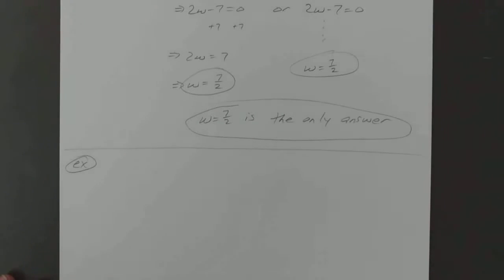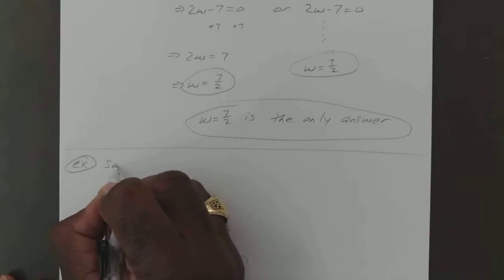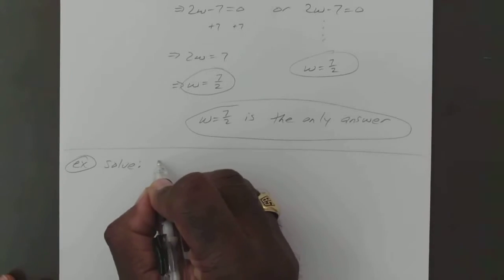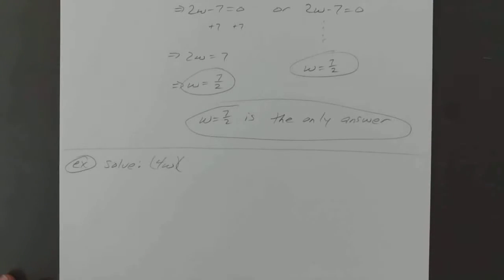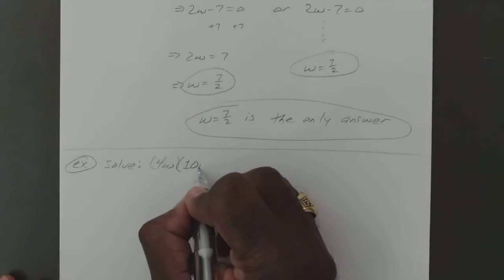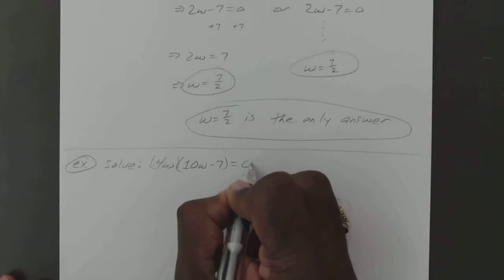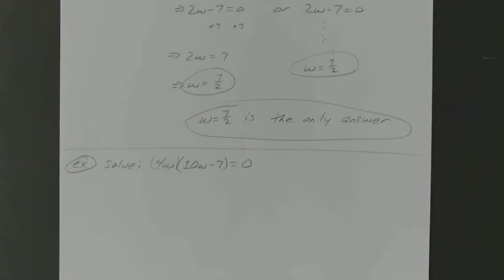Okay, so let's say if we have the example, solve 4w times 10w minus 7 equals 0. Okay. So once again, as long as it's factored, you just set each factor equal to 0.